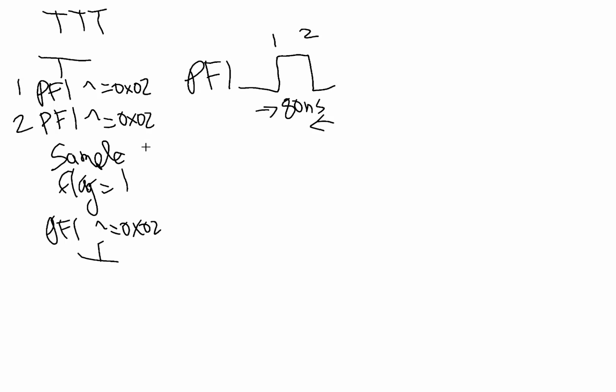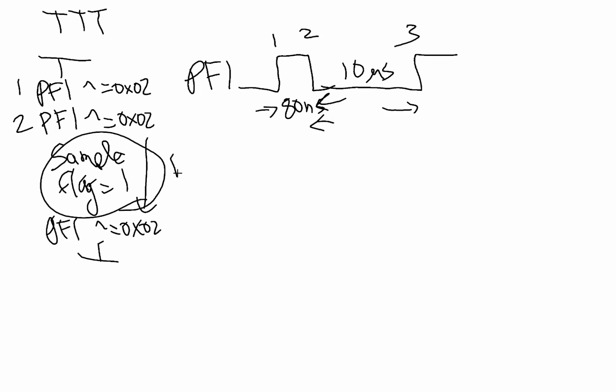But the interesting one is here, between the second and the third, okay, which is going to be about 10 microseconds, by the way, the time it takes to execute this line of code. So if I zoom into this PF1, I can see, yes, an interrupt has happened because there's 3 toggles, but I can also see that the time to execute this interrupt service routine is about 10 microseconds.